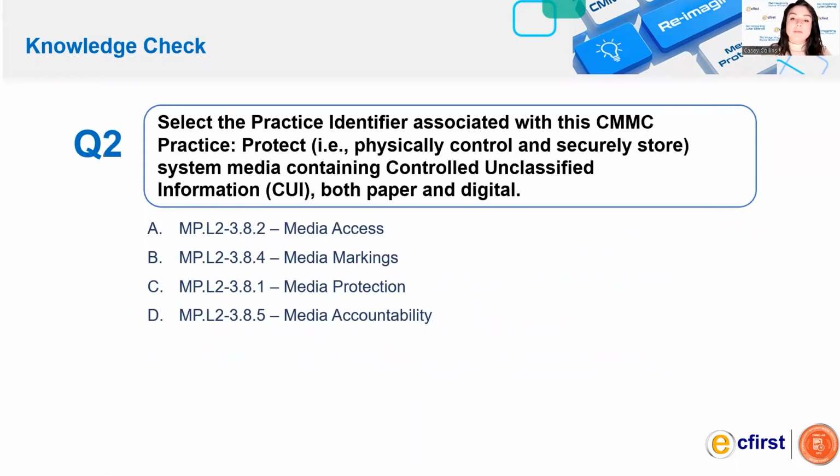Question 2, select the practice identifier associated with this CMMC practice. Protect, i.e. physically control and securely store, system media containing controlled unclassified information, both paper and digital. And of course, our answer for question 2 is C, media protection, which can be found at MP.L2-3.8.1.